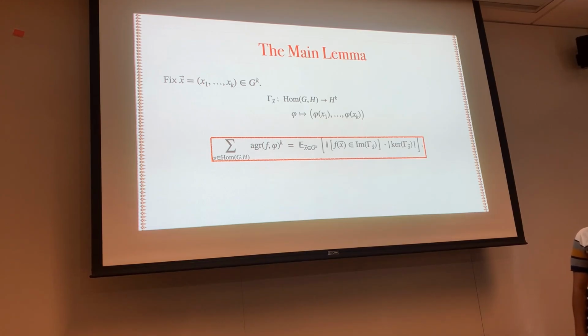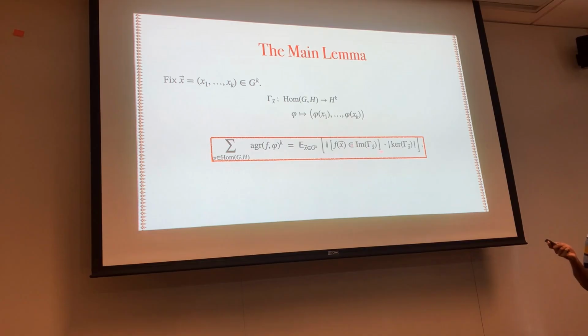Why are we multiplying by the size of the kernel? That's kind of what you get, because the kernel of gamma controls the multiplicity with which you get this quantity. You wouldn't need this for the equality to hold.